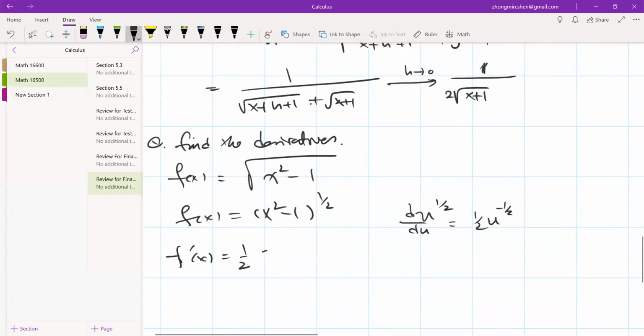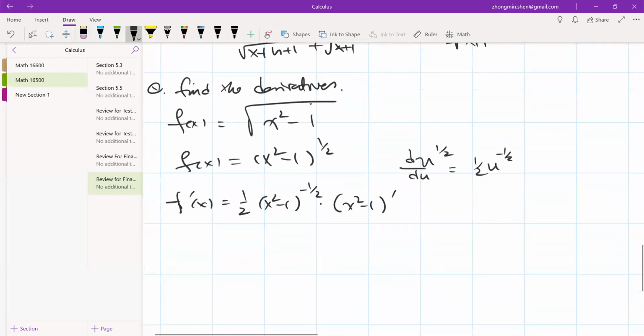So here's 1/2 times x squared minus 1 to the negative 1/2. But I have to differentiate the inside. That would be (x squared minus 1) prime. So that will be 2x. Then the 2x and the 1/2 cancel out, and we just get an x.